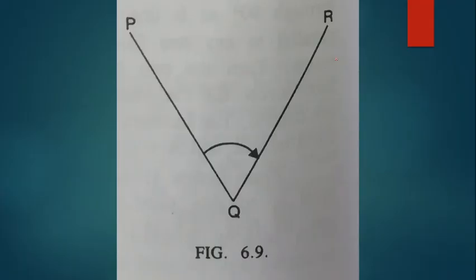Or I can also draw this: this is A, this is O, and B. We require to find the angle between these two survey lines OA and OB. So what is the procedure?